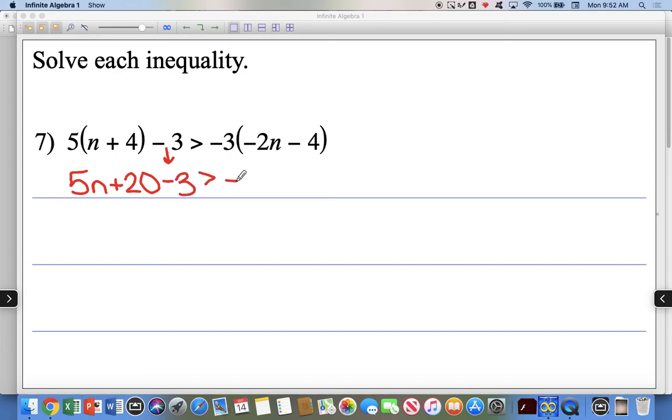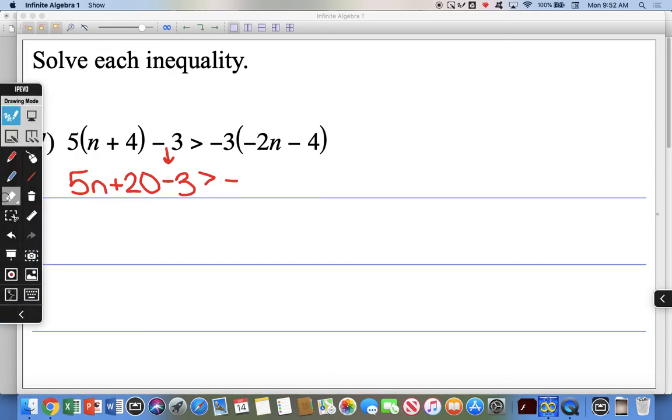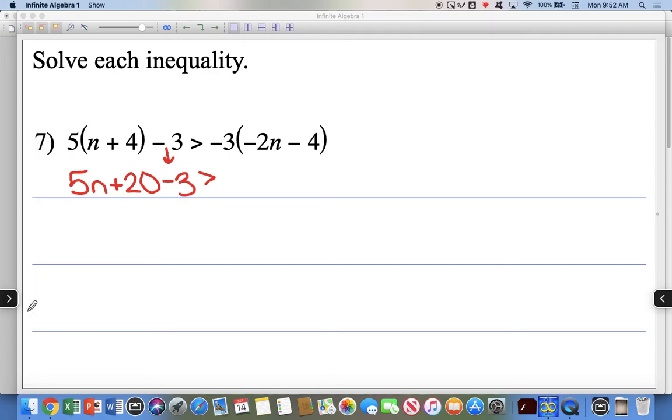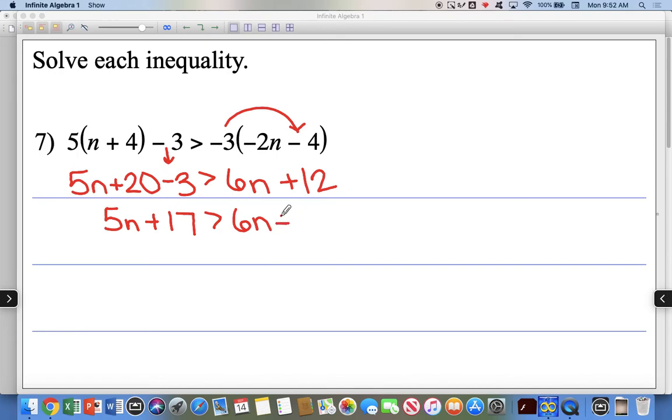Now here, what happens to two negatives? Now say I started to work a little too fast. All right, two negatives make a positive 6n. Two negatives here make a positive 12. Now I'm going to combine my 20 minus 3 and change this to 5n plus 17, greater than 6n plus 12.